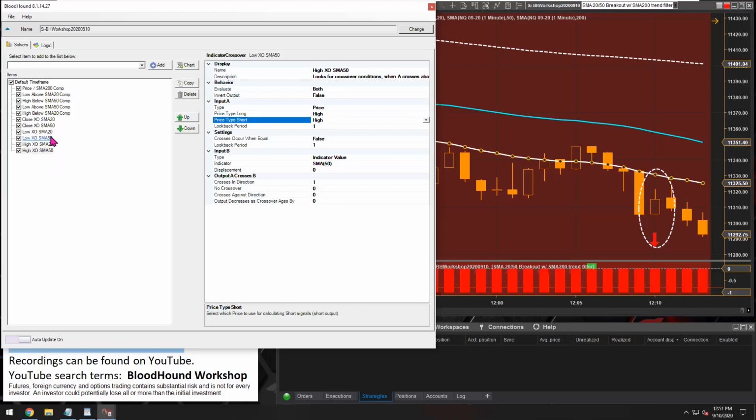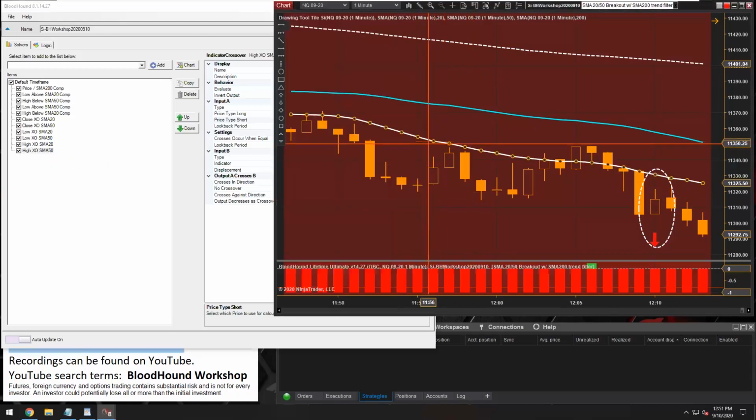There. All right, so from the previous rules, we have a set that looks at the closing price of the bar, and now we have a set that looks at the low price and a set that looks at the high price. Again, we have to look at whether price is crossing the SMA 20 or the 50 because we don't know which SMA is going to be below the other.